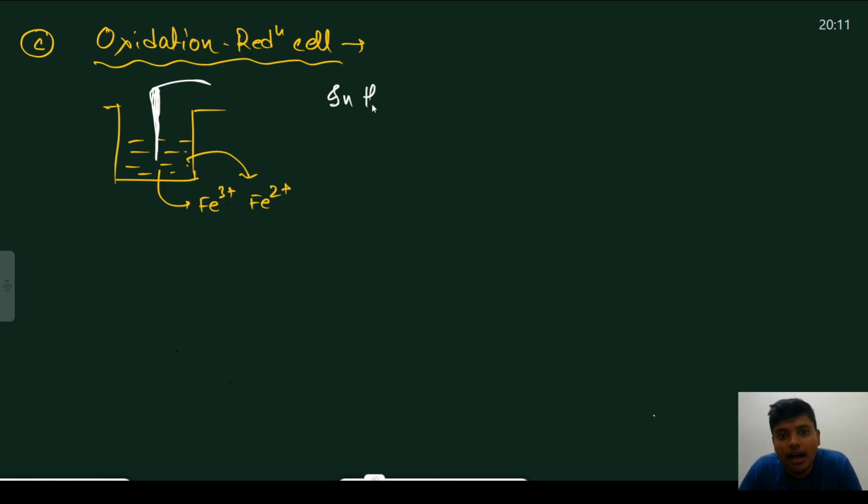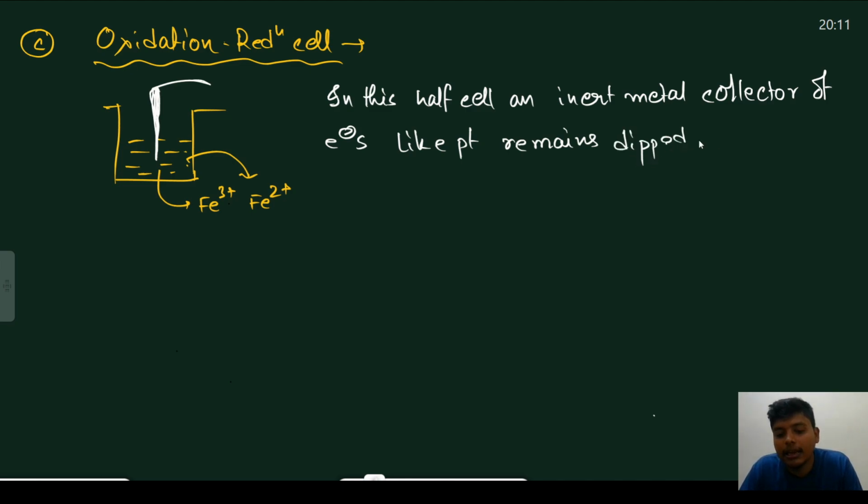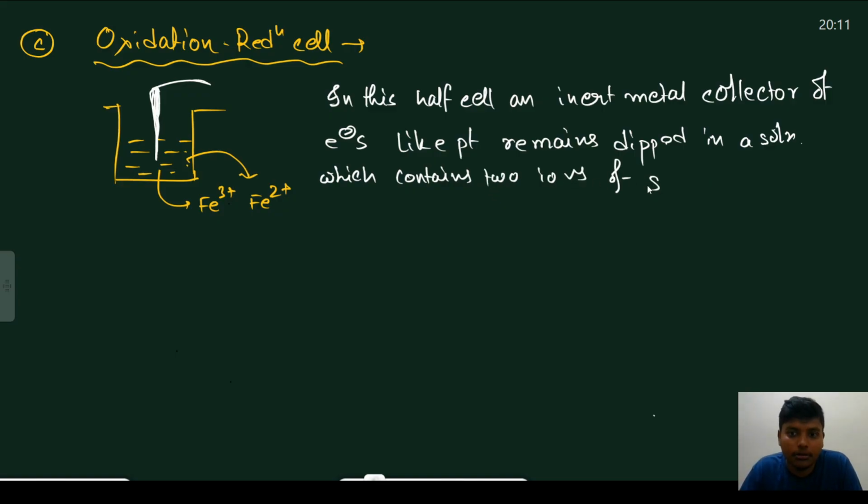That means in this half cell, an inert metal collector of electrons, like platinum, remains dipped in a solution which contains two ions of the same element in different oxidation states.